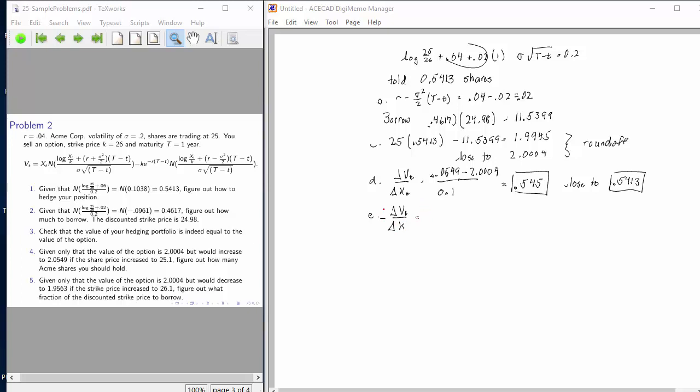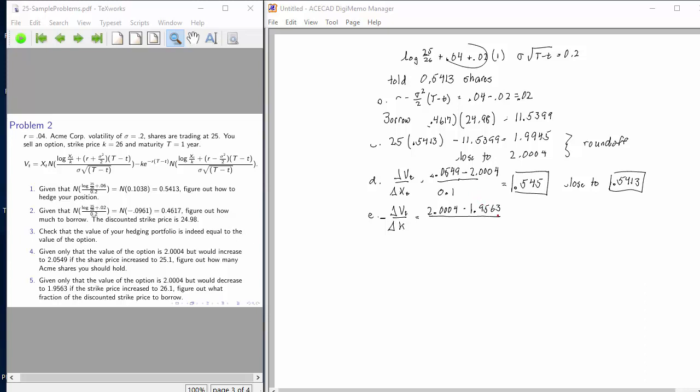In fact, my estimate is the negative of this derivative, so I say the option's now worth just a bit more than $2. If the strike price went up, of course, the option would be worth less. It would drop down to $1.95 and change.